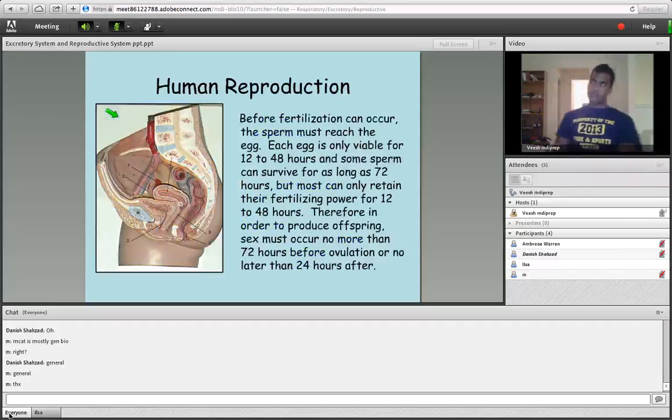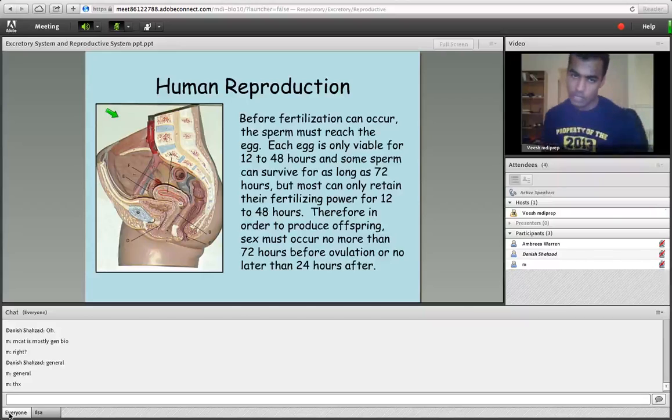Now, in order for fertilization to occur, the sperm must reach the egg, and each egg is only viable for 12 to 48 hours, but the sperm can last as long as 72 hours. Most of them only retain their fertilizing power for 12 to 48 hours as well. So sex must occur no more than 72 hours before ovulation or no later than 24 hours after.